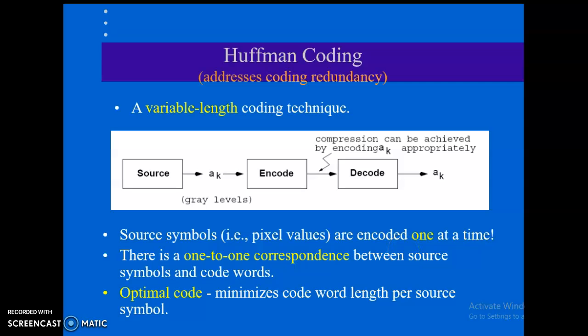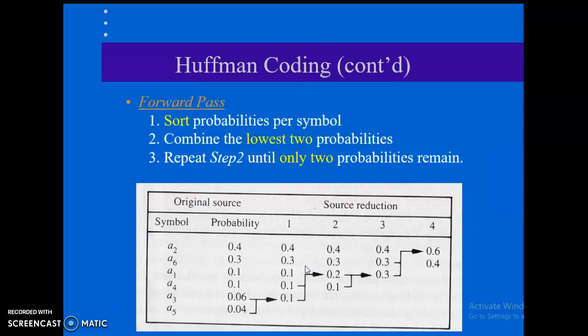There is 1-to-1 correspondence between source symbols and code words. Optimal code minimizes code word length per source symbol.